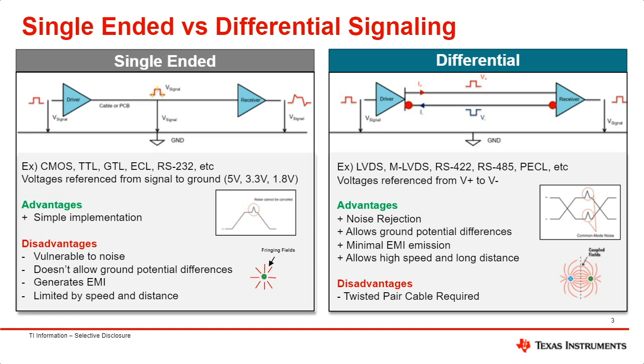And this has several benefits. The first one is noise rejection. Any noise that's in the system will couple to both the conductors. And so the receiver will essentially subtract out the common mode noise and allow for much greater signal integrity.